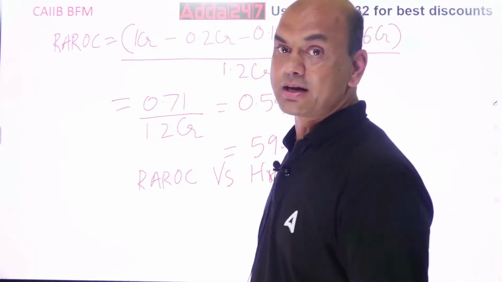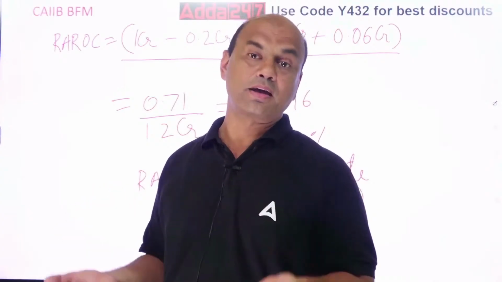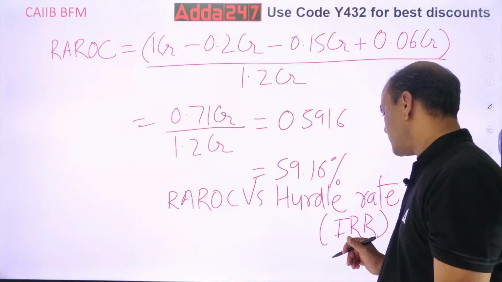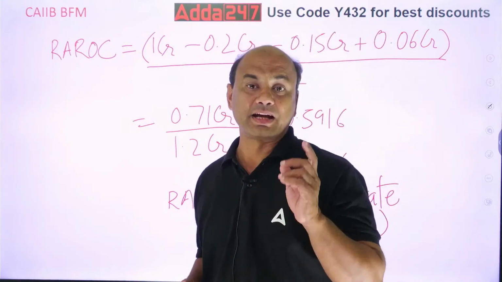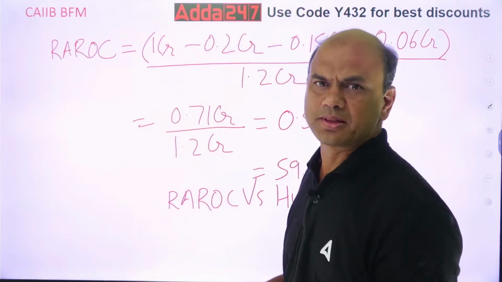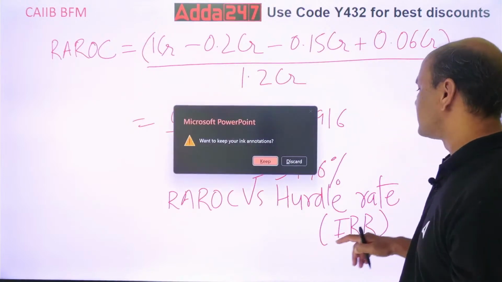Remember this now? IRR you all know. NPV equals 0, then whatever figure you get is IRR. So you have to compare this REROC with IRR, so that if your IRR is greater than the cost of funds, then only the project is viable. Okay? So this case study was a big case study and it's asked in the exam.